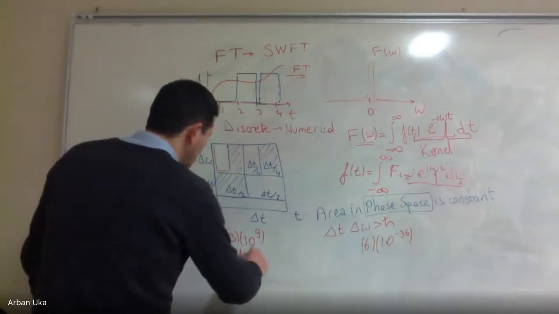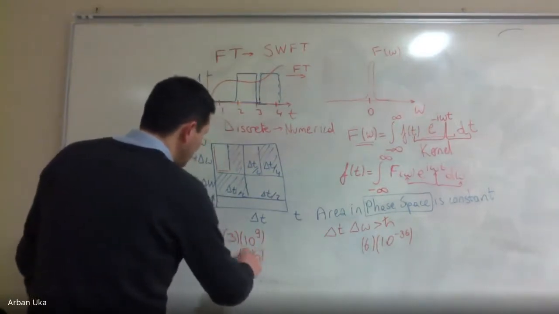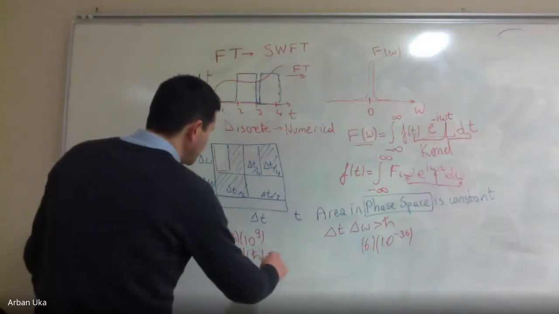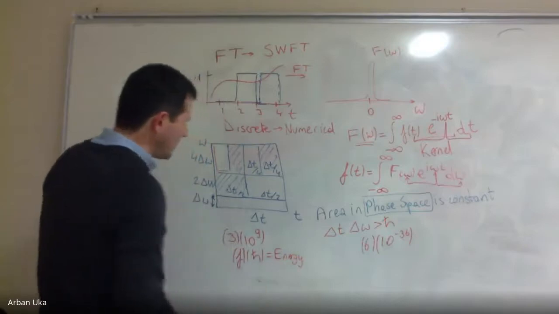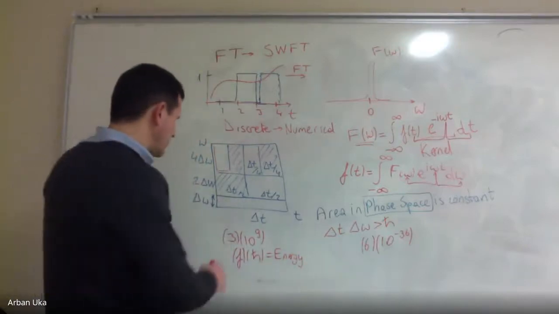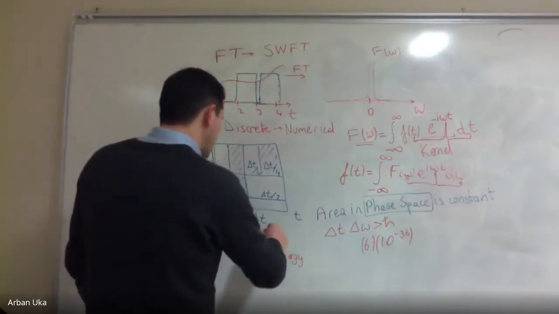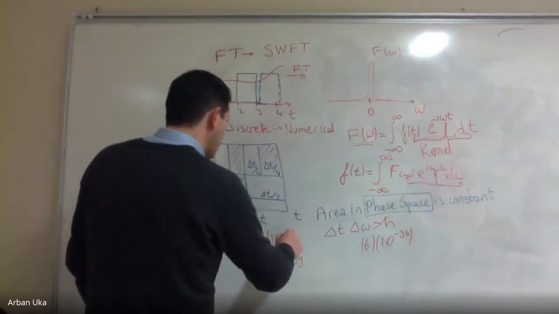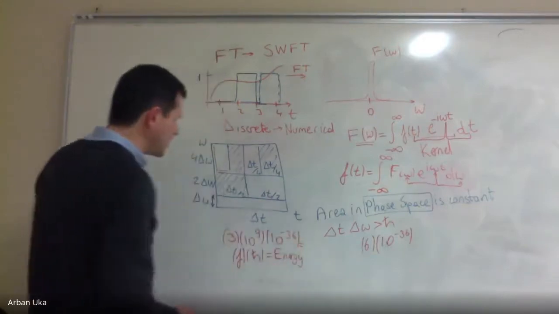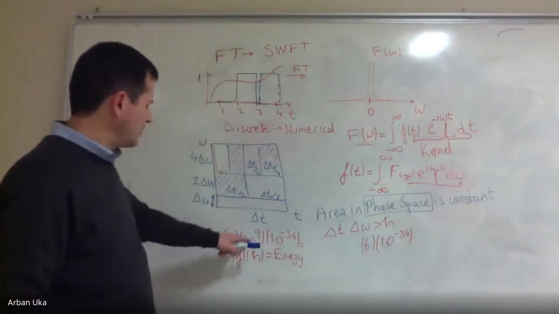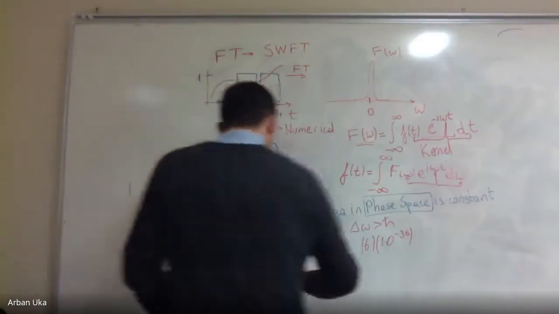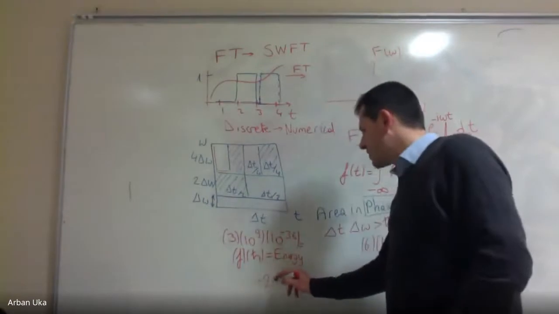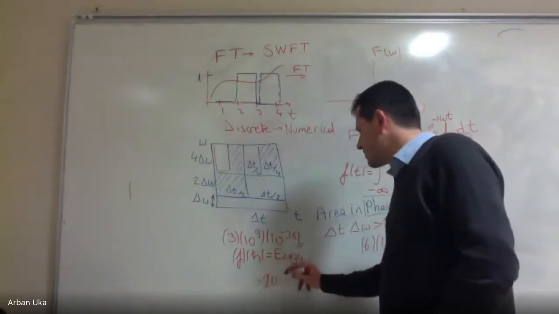You multiply this with h, the Planck constant, and you get the energy of the photon, okay? So 3 times 10 to the power 9, you multiply with 10 to the power minus 36. So we get some joule, but how much joule? You get 10 to the power minus 26 joule.